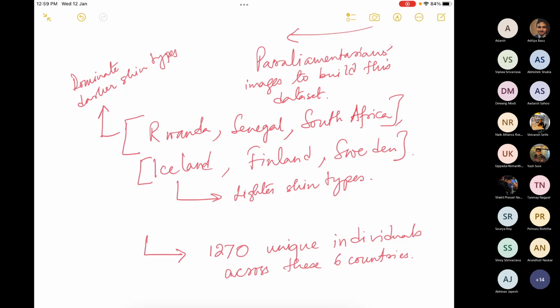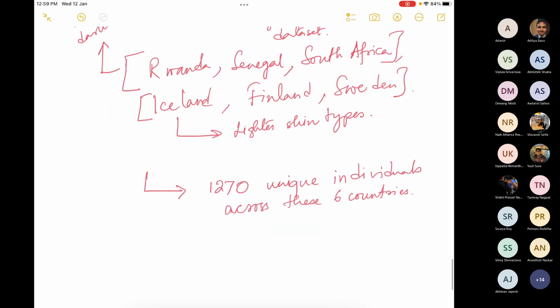Now, you might ask, why parliamentarian data? The parliamentarian data was chosen because of its non-restrictive licenses, which allowed the authors to use it freely for their experimental purposes. So that was the reason why they used parliamentarian data.